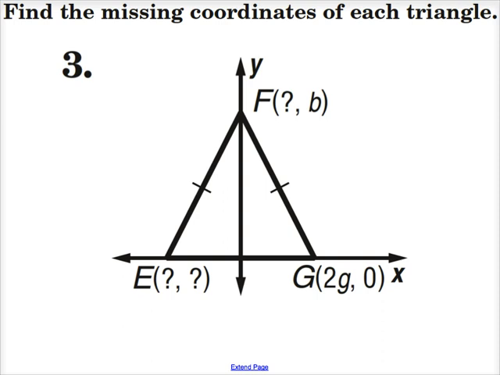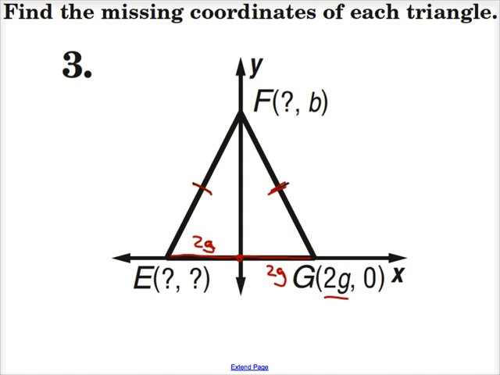All right, so here we have another isosceles triangle. We can tell it's isosceles from the fact that we've got the congruence marks here. And the distance from the origin to G, I know that distance is 2g units. The reason it's 2g units is that's its x-coordinate, and so if that distance is 2g, this distance must also be 2g units.